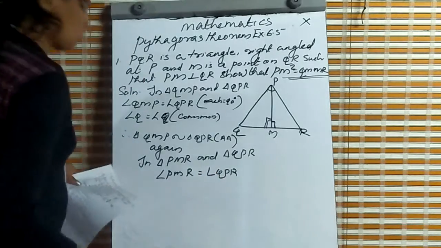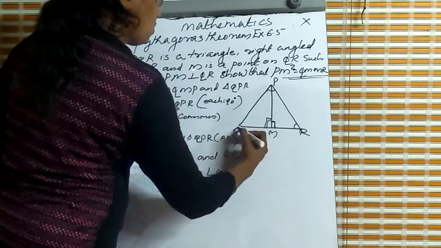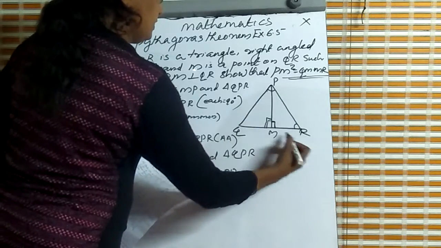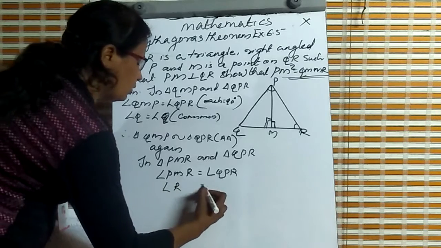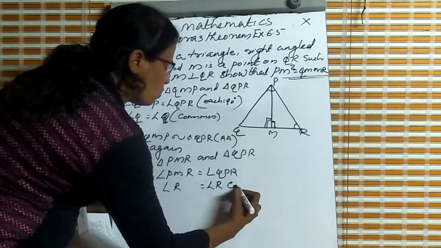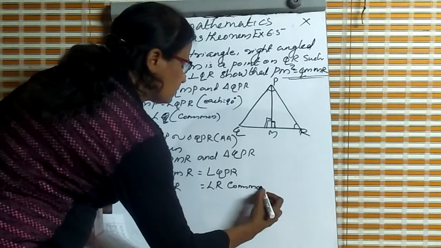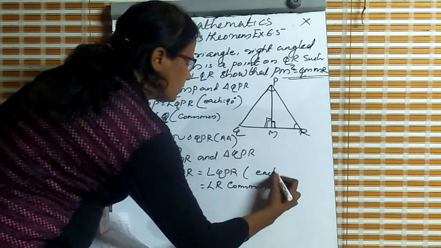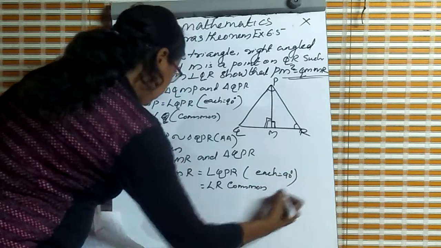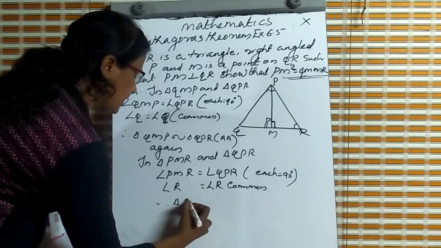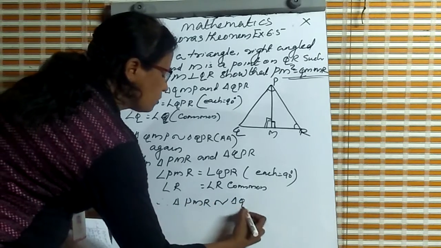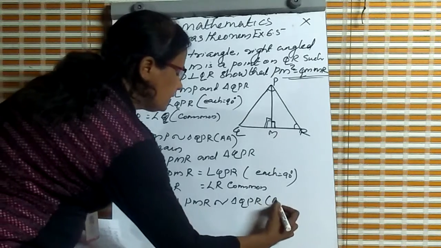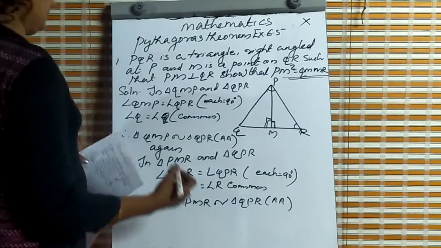Then which angle is common? Angle R is common for QPR and PMR. So, angle R is equal to angle R, common. Therefore, triangle PMR is similar to triangle QPR by AA similarity criterion.